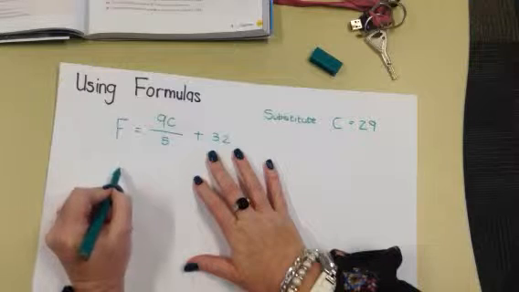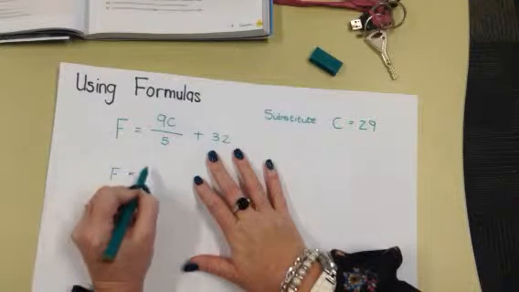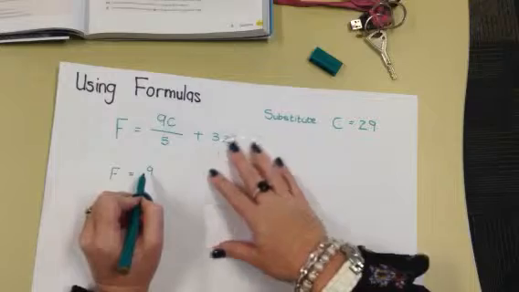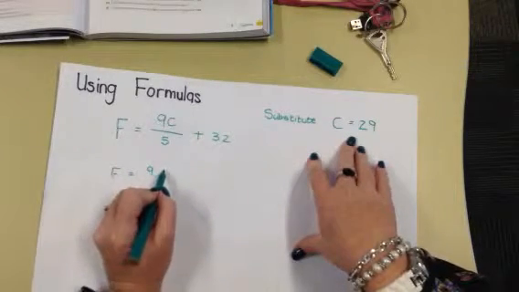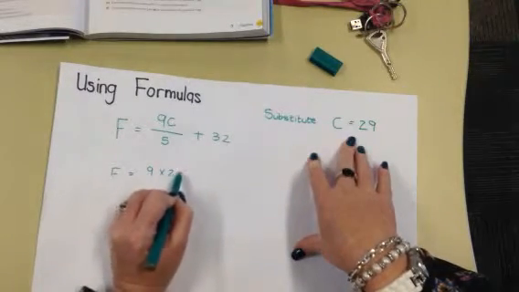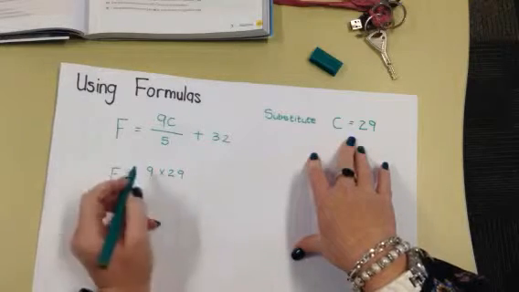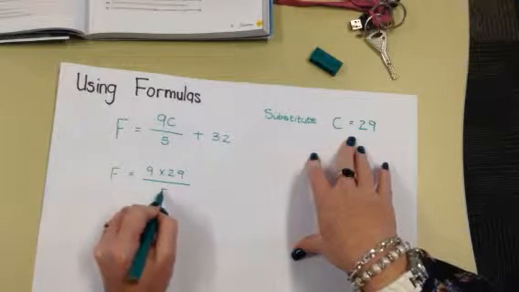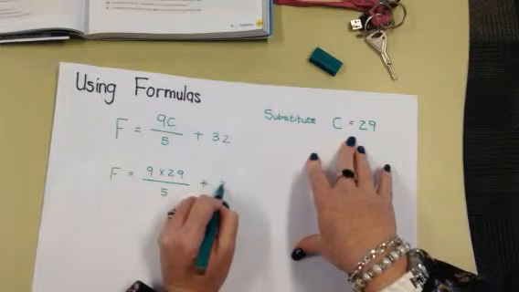So we go, F is equal to 9 times C, and they said C is 29. So we go 9 times 29, divided by 5 plus 32.